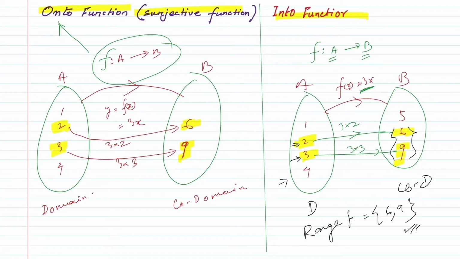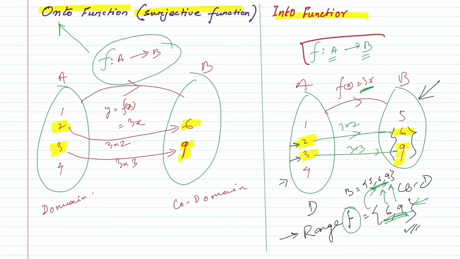And this set is a proper subset of set B, because set B contains 5, 6, 9, and the range of the function f contains 6 and 9, which is a proper subset of B. That means both elements are in B, and B contains more elements compared to the range. That's why it is a proper subset.